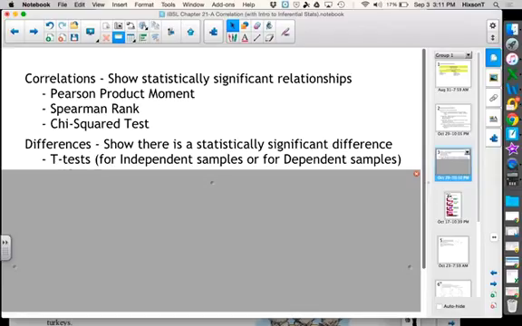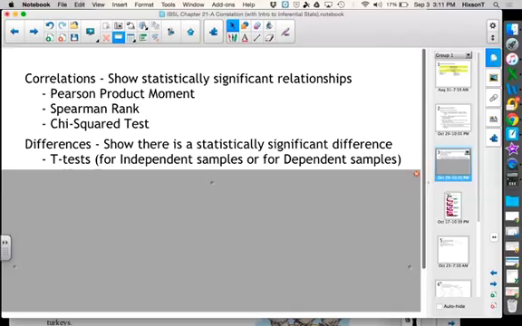If I wanted to look at, say, a before and after type of situation, I could use a t-test for dependent samples. This can be used in medical research. For example, we're going to test if this medicine is actually lowering someone's blood pressure like it's supposed to.